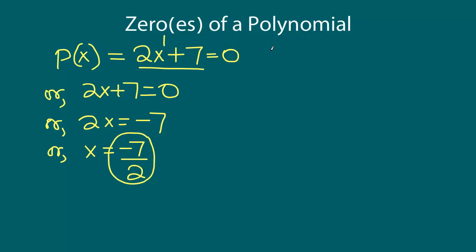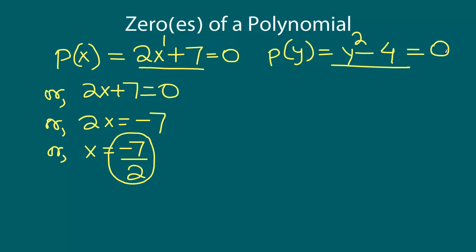All right, now let's take a quadratic polynomial, for example. Let's say we have a polynomial in y, and we may have done this example before, say y squared minus 4. This is a polynomial, and we want to find the zero of this polynomial. So how will we do it? We'll do it the exact same way. We'll equate the polynomial to 0 and solve.